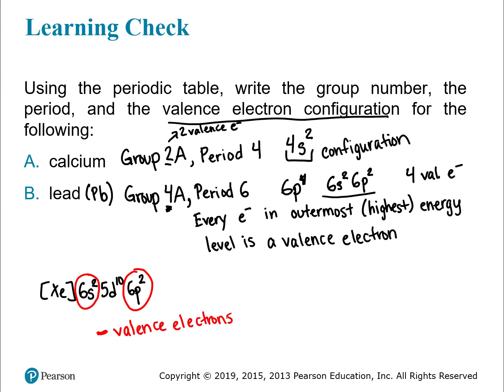They're in different sublevels, but they're still in the same main energy level. Does that help clarify a little bit more? Yes, thank you. You're welcome. Is there another question?